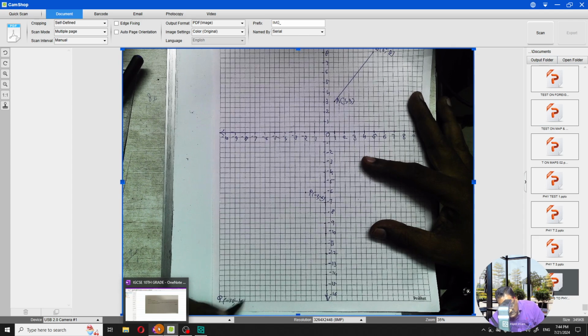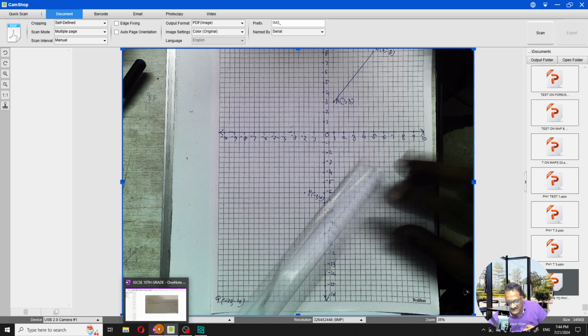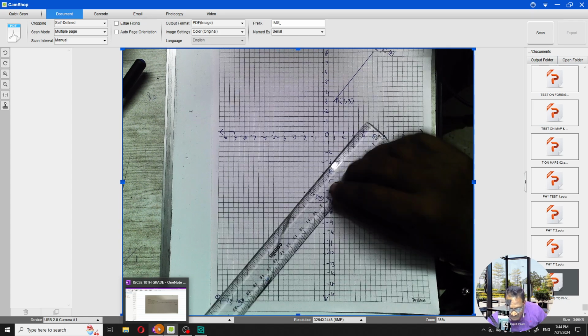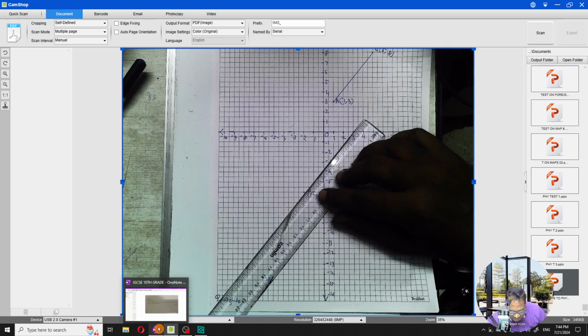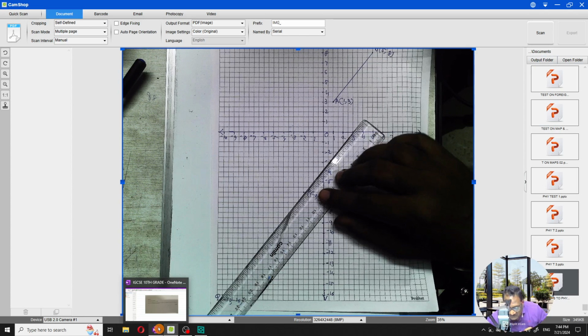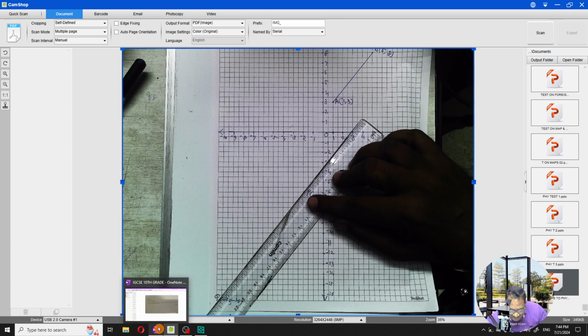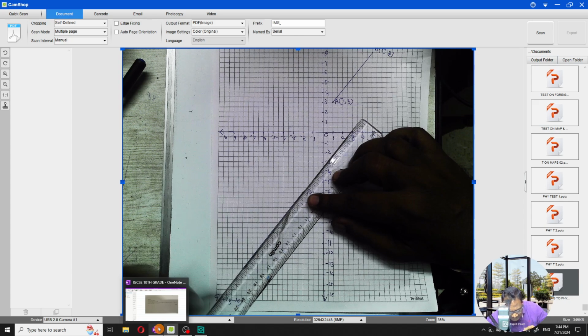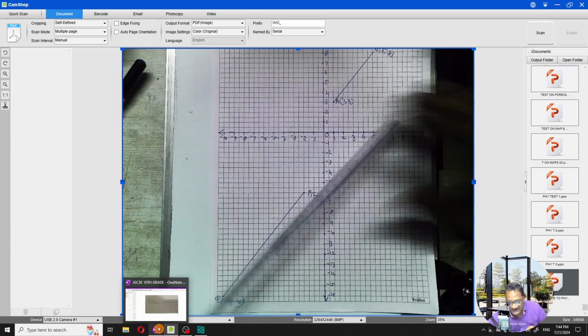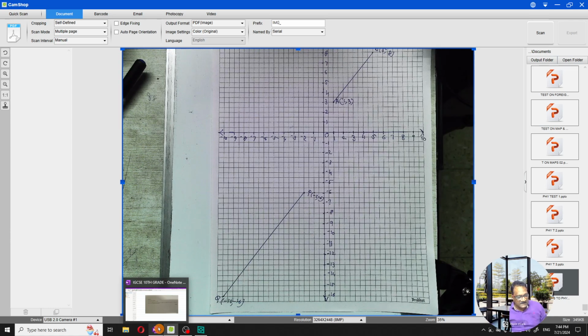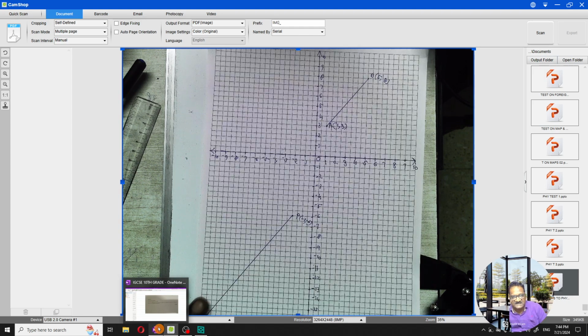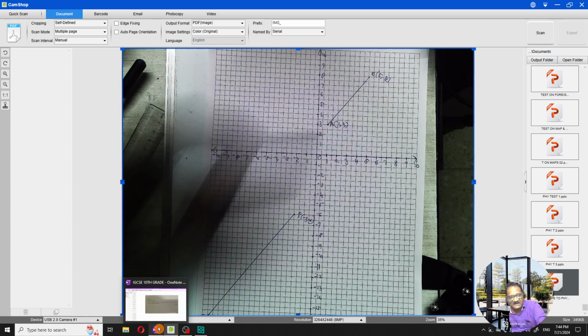Let me join this PQ as well. When I join this PQ, this is what I get, PQ. Now you can see very clearly these two lines, AB and your PQ.